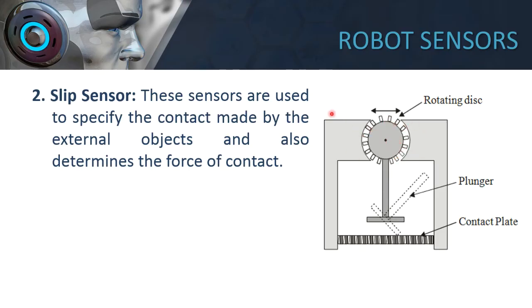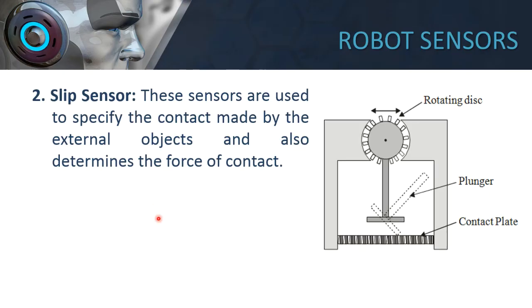Now the object comes in contact tangentially with this rotating disc. When it comes in contact tangentially, this rotating disc oscillates, and when it oscillates, there is a contact happening between the plunger and the contact plate. When it reaches a certain angle, it makes contact with the contact plate, and then the signal is sent to the controller saying there is a contact being made.